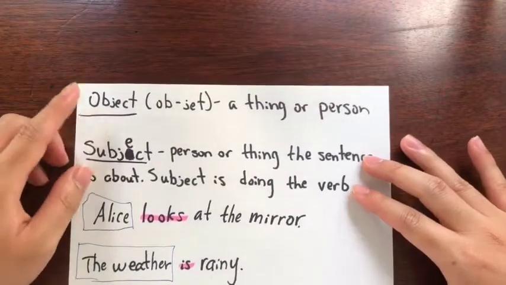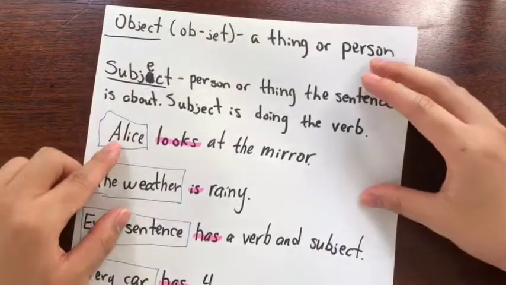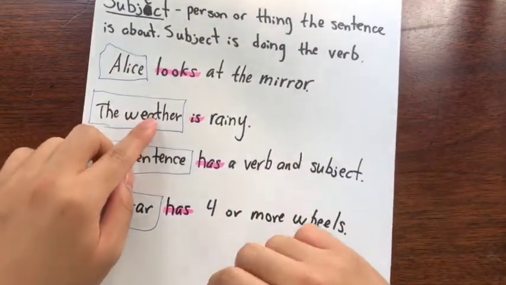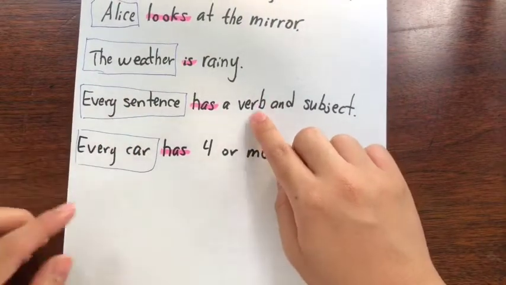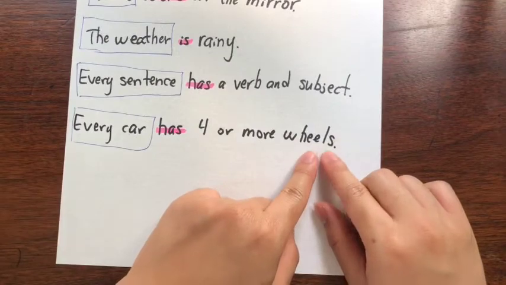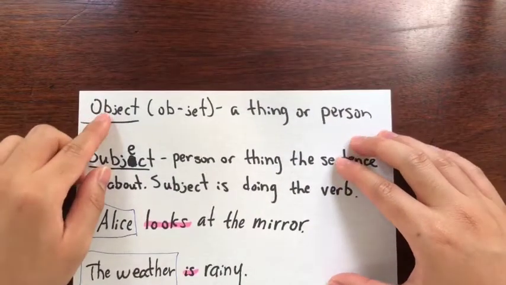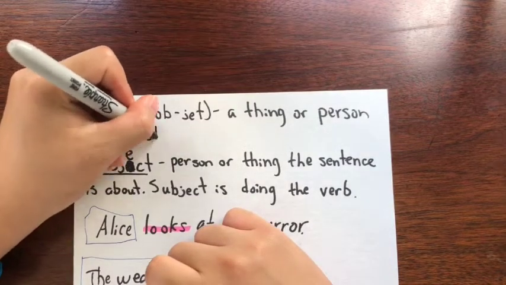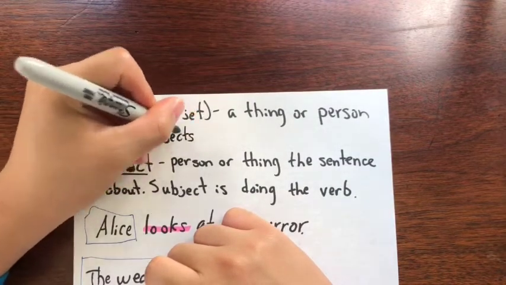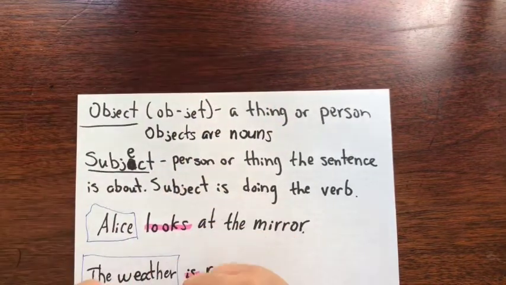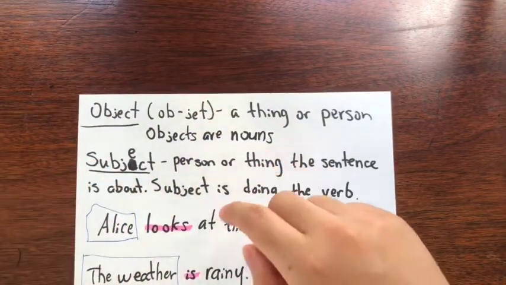And then we have objects. So objects are Alice. Alice is an object. Mirror, the weather. Every sentence has a verb, a subject. Every car has wheels. All of these are objects. Objects are nouns. The objects are nouns.